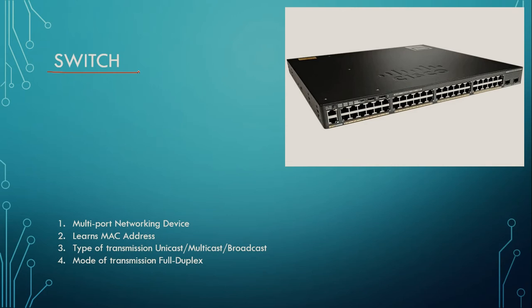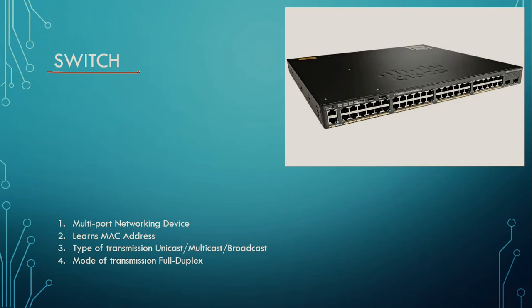A switch is a multi-port networking device that connects network. When we were talking about hub, I told you that hub connects network, and now switch also creates network. So switch and hub, these two devices create network.